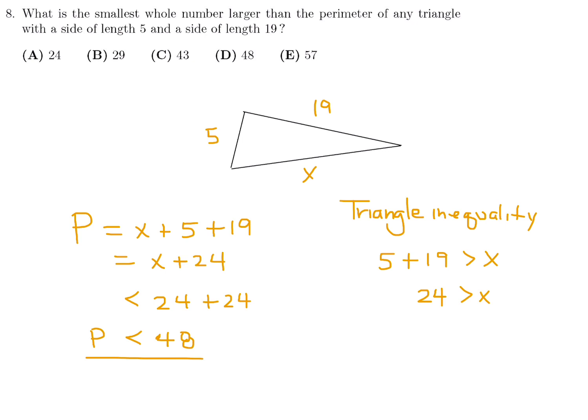That's the conclusion that we can make. So now read the question carefully. What is the smallest whole number larger than the perimeter? Well, the perimeter is less than 48, so the smallest whole number that's larger than the perimeter is 48. So a little bit of interpretation is involved there. So number 8, the answer is D.